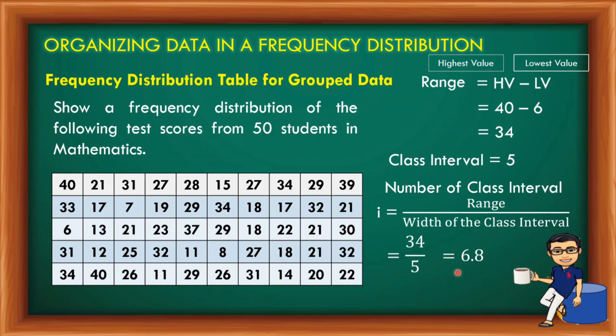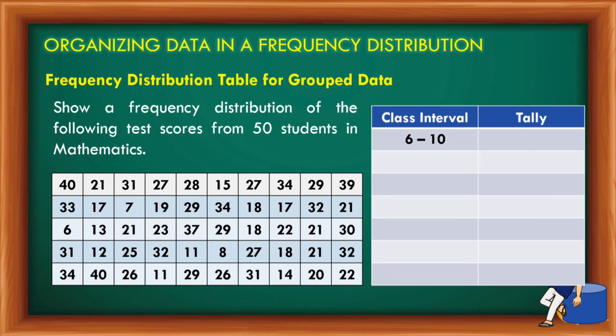Answer is 6 and 8 tenths. So, round up tayo. Kaya ang ating interval ay 7. So, kakailanganin natin yung interval na yan kapag gumawa na tayo ng frequency distribution table. So, 7 yung magiging number of class interval na gagamitin natin later sa table. So, let's start. Ready with this? Sisimulan natin sa 6.